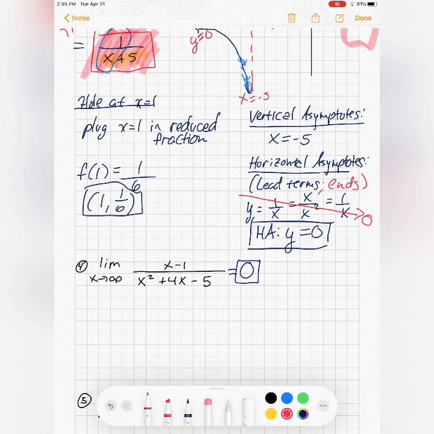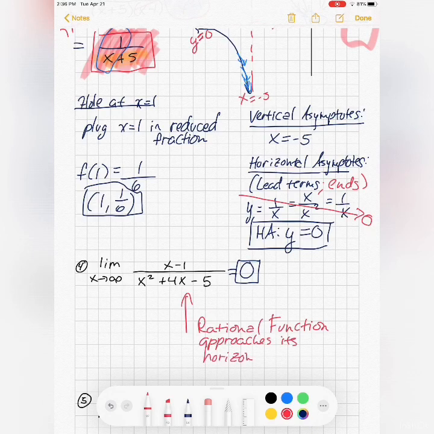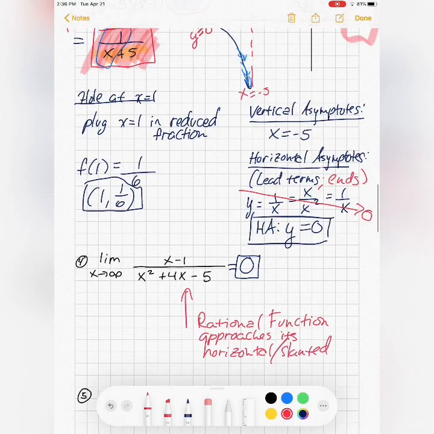Okay, because how do I know? Well, I know a rational function approaches its horizontal or slanted asymptote on the ends.